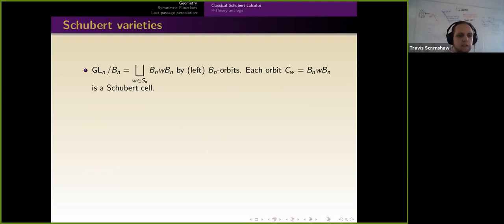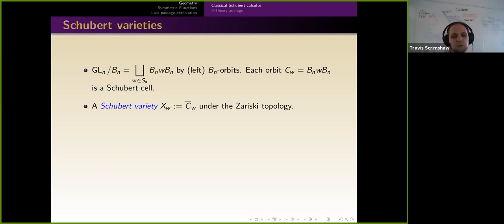We can break this up into Borel orbits, and each of these orbits will be indexed by a permutation, and these are called Schubert cells. Then we take the closure of these under something called the Zariski topology, which, if you like topological spaces, is a really horrible topology.